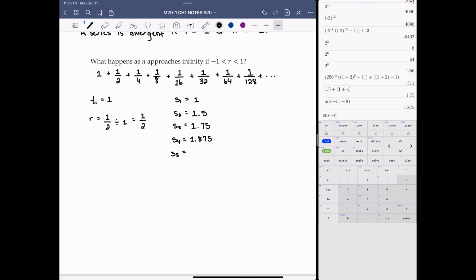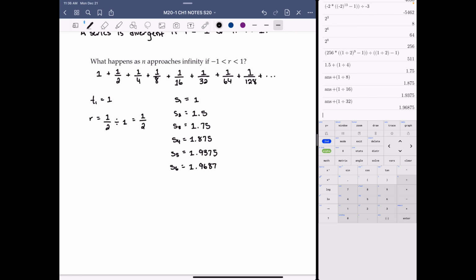So plus, bracket, 1 divide 16, is 1.9375. S6, we want to add the sixth term, 1 over 32, to the last answer. So plus, bracket, 1 divide 32, close bracket, we get 1.96875.